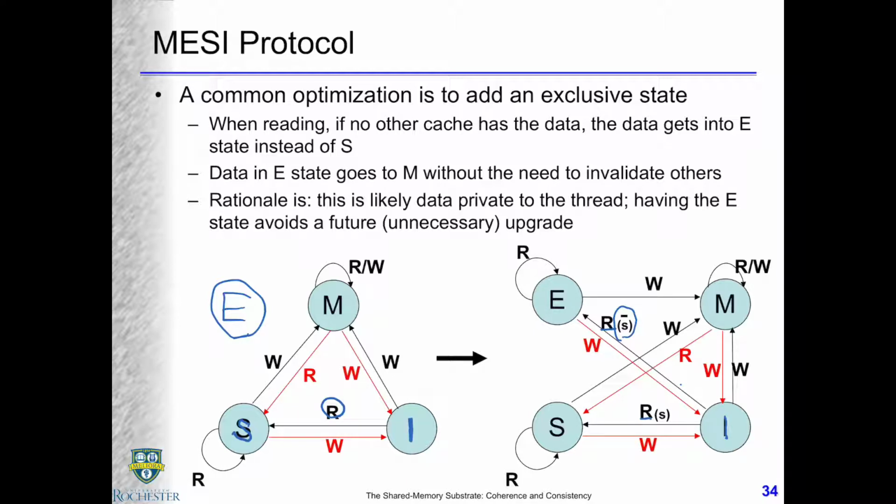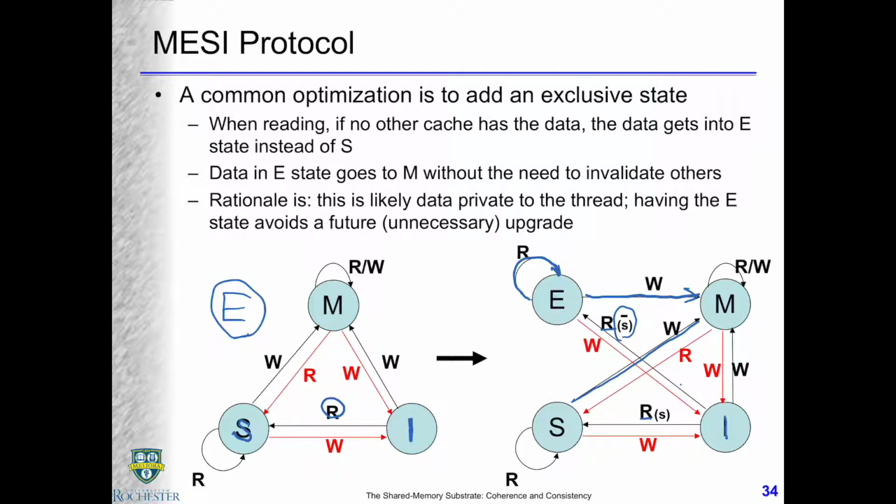E state is sort of in between S and M. So if you read, that's fine, you just read. When you write, you go directly to M. That's the difference between the shared state to M, okay? In the shared state, when you go from S to M, you have to do all this external action, the invalidation.